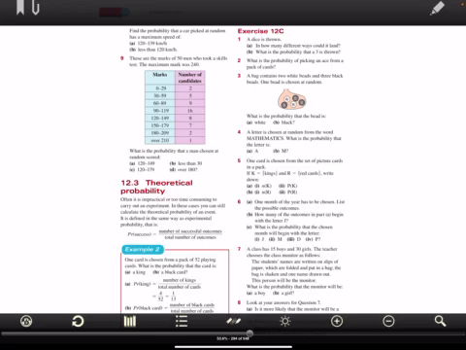So, in a deck of cards, you have 52 cards, not counting the joker. You have 4 different suits: the heart, the diamond, the spades, and the clovers. 52 cards, 4 different suits.